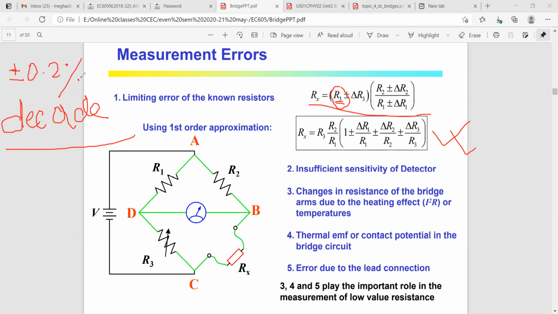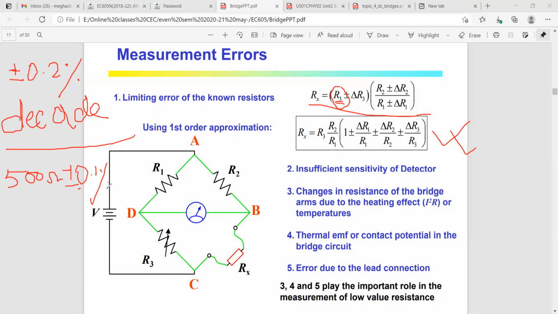The accuracy is plus minus 0.2%, and R1 and R2 are 500 ohm plus minus 0.1%. So R1 and R2 are 500 ohm plus minus 0.1%.